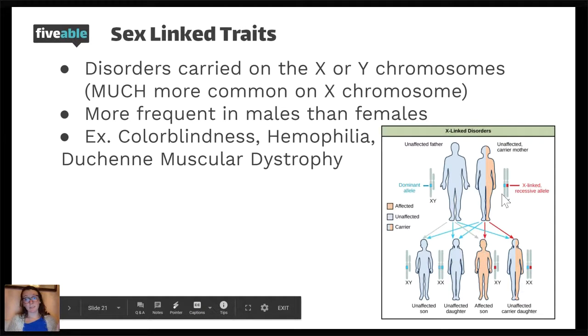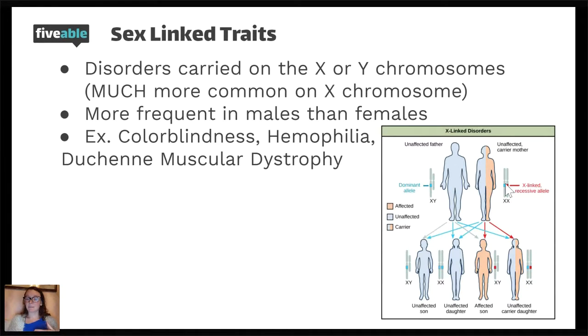So then there's a 50% chance that they're going to get the good X from mom and not be colorblind. There's also a 50% chance that they're going to get the bad X from mom and be colorblind. So none of the daughters will be affected, but half the sons will be affected because there's a 50% chance they're going to get the dominant. There's a 50% chance that they're going to get the recessive version of the trait from their mom who's a carrier.